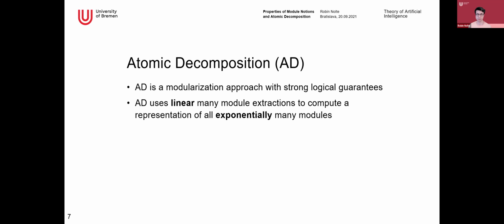I can't go into the detail of atomic decomposition, unfortunately, because of time constraints. Just take away that we need a module extraction function to compute the atomic decomposition. When the atomic decomposition was first developed, it was based on locality-based modules, which are also the first module extraction function that has been developed.